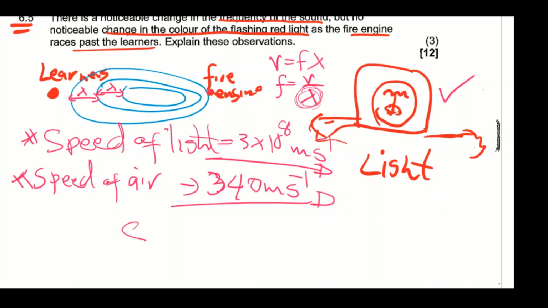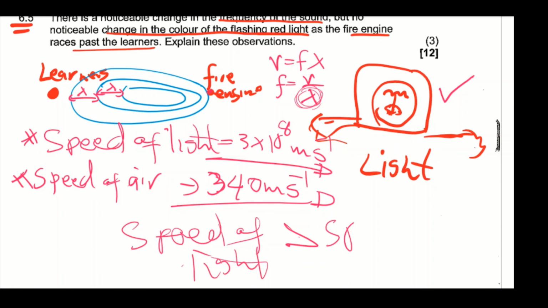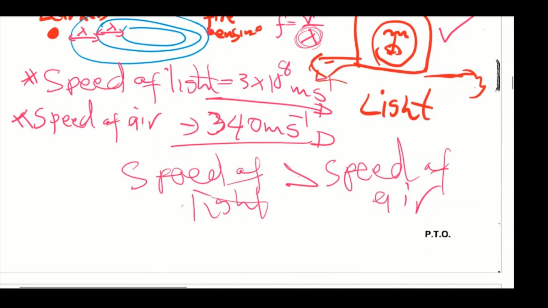So the speed of light is greater than the speed of air, which means it's easier to notice the speed of air compared to the speed of light.